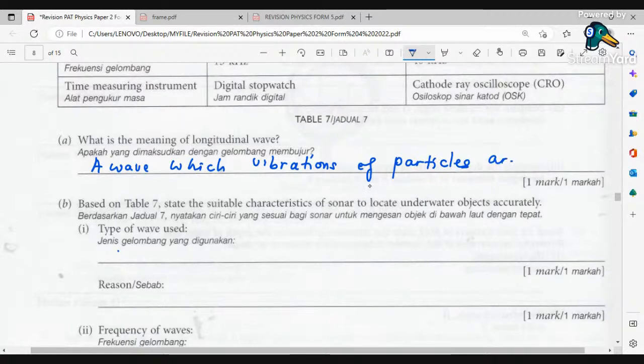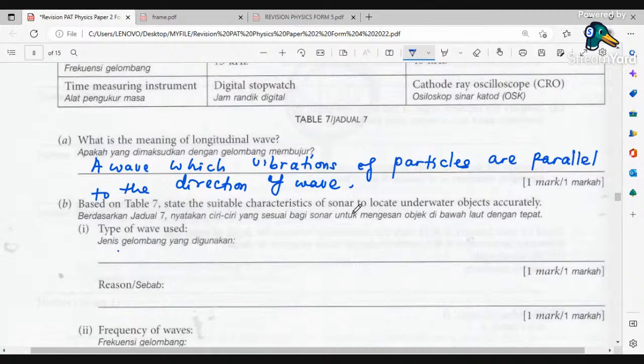Particles are parallel to the direction of wave. Okay, parallel to longitudinal. Okay, state suitable characteristic of sonar to locate underwater object accurately.